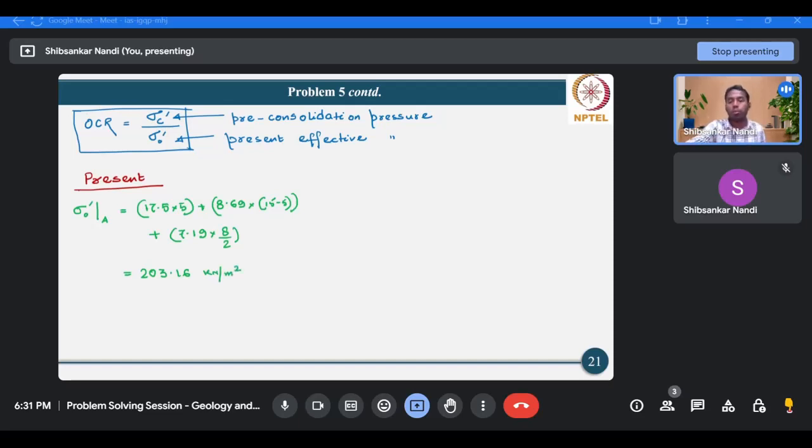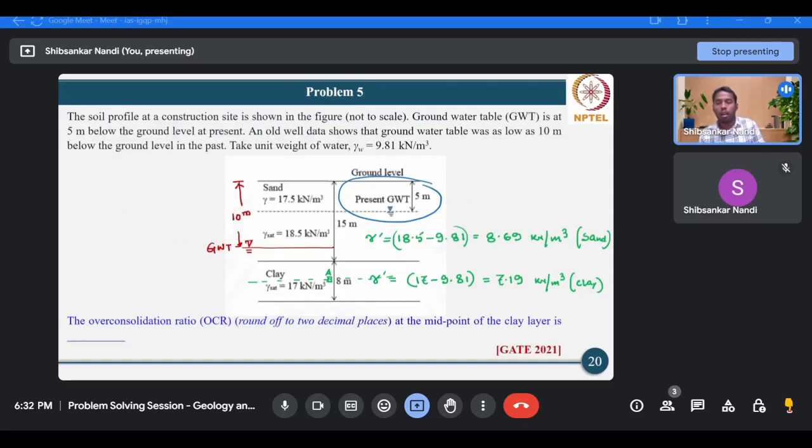Now coming to the past scenario, your sigma c prime at A would be 17.5 multiplied by 10. Why 10? Because in the past, the groundwater table was located at a depth of 10 meter.